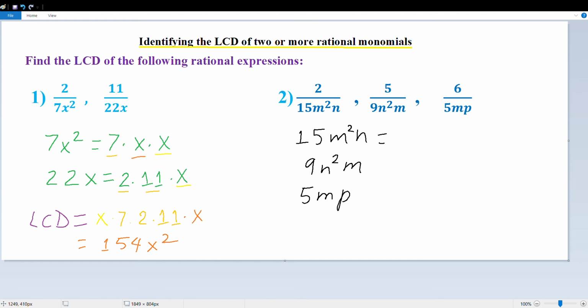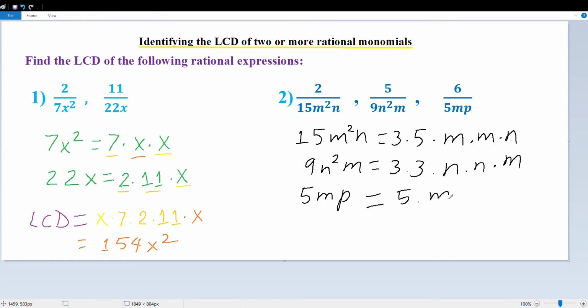Now I'm gonna go ahead and factor this out. So it's gonna be 3 times 5 times m times n. For the second denominator, we'll have 3 times 3, and since we have n squared, we would write this as n times m. For the last one, we'd write this as 5 times m times p.